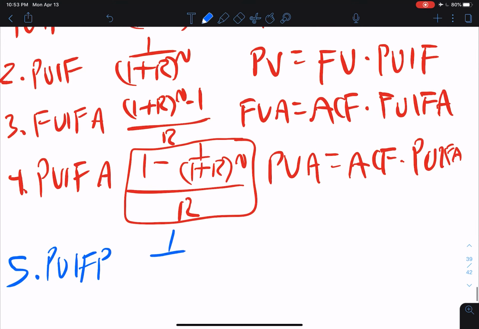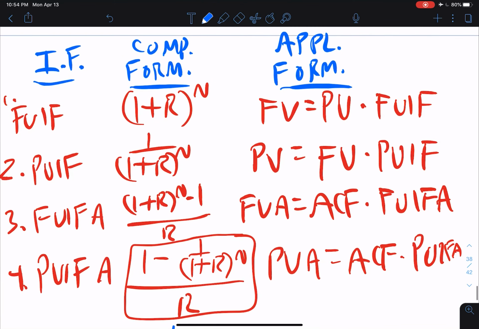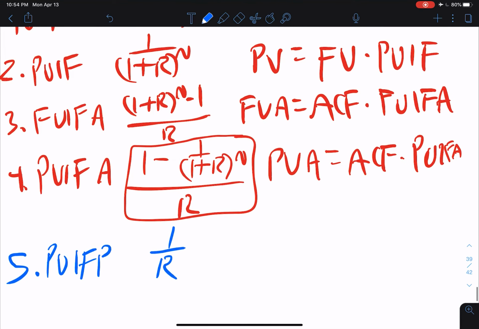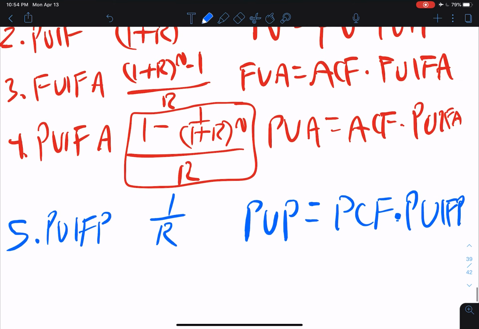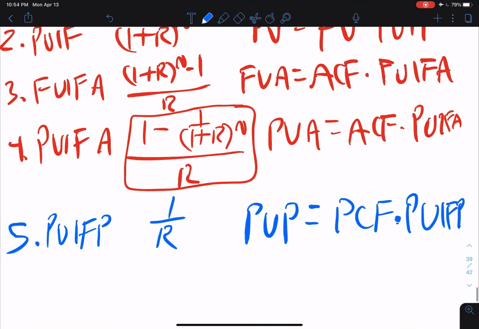And the computational formula is just 1 over r. And then the application formula here is present value of a perpetuity equals perpetuity cash flow times PVIFP. And there we go. So that's our 5th interest factor.